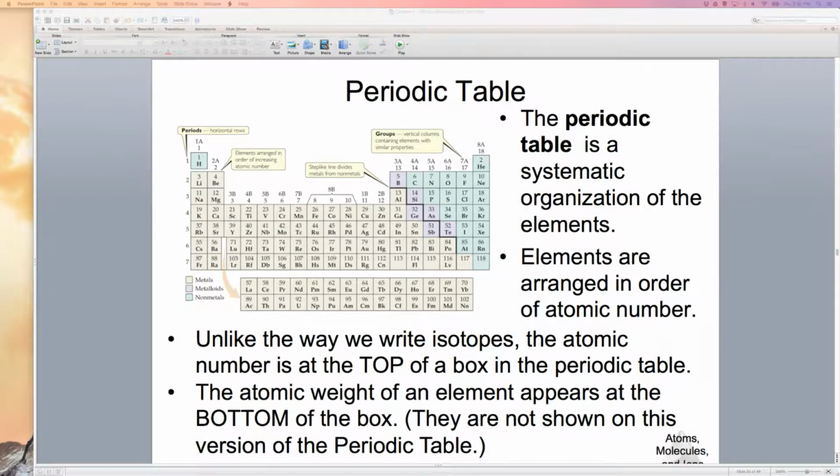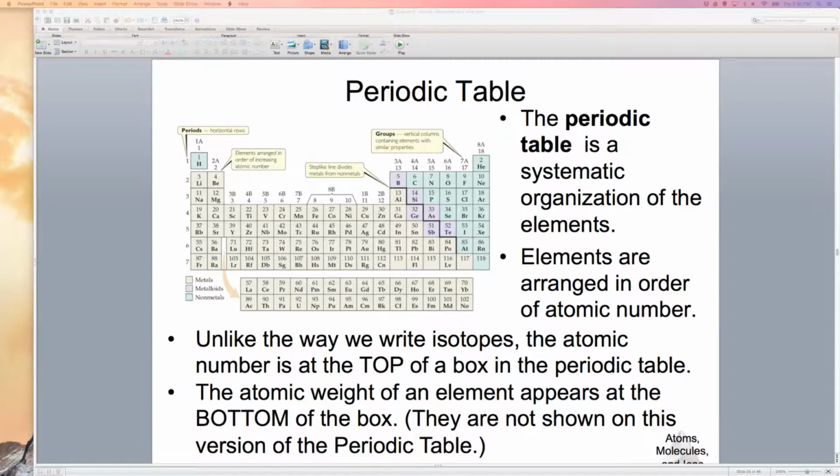Okay, so the periodic table, as it is organized currently, is very systematic, and I will be placing a video over the organization and kind of the current periodic table and where it came from, and who helped design it. But it's organized systematically based on the types of elements that we have found and how they behave, particularly their characteristics.